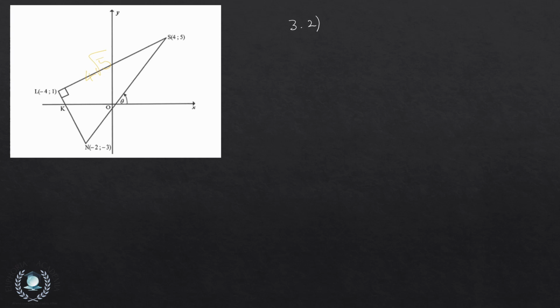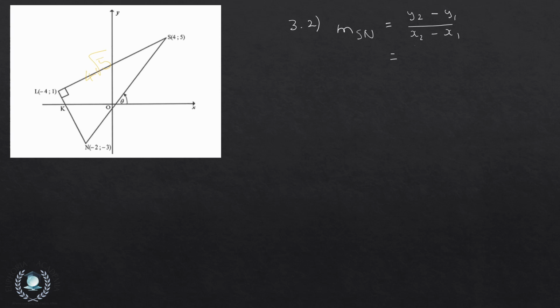Alright, so without further ado, we're just asked here to find the gradient of line SN. And what we're going to do is use the gradient formula, which is y2 minus y1 over x2 minus x1. Now all we're going to do is substitute.